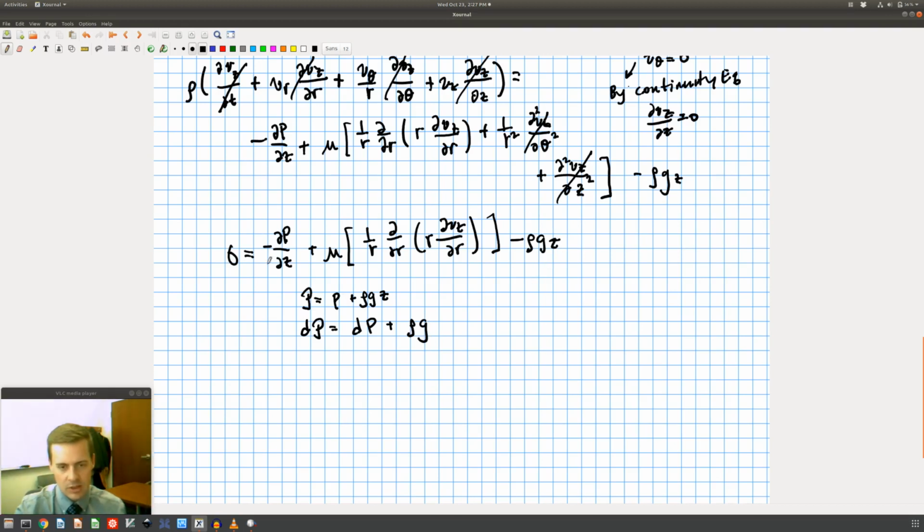And that's very useful because I have right here derivatives of pressure, so I can rewrite this now as 0 equals minus d dynamic pressure dz plus mu times these other guys, 1 over r d dr r dVz dr.